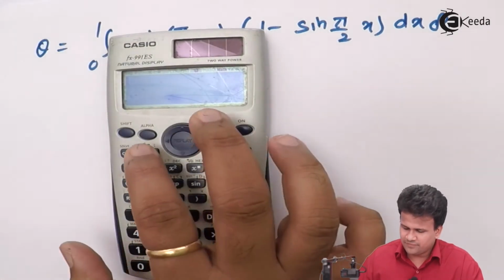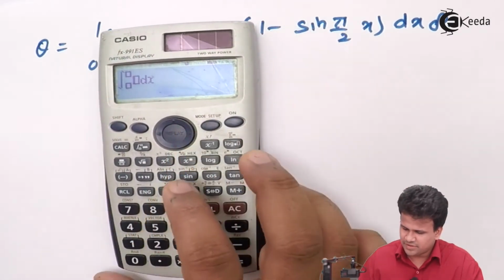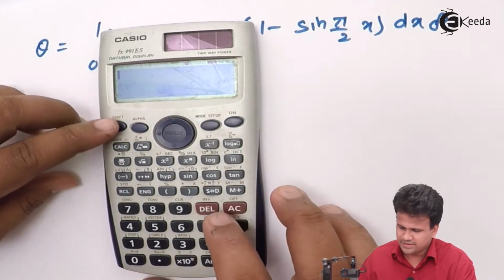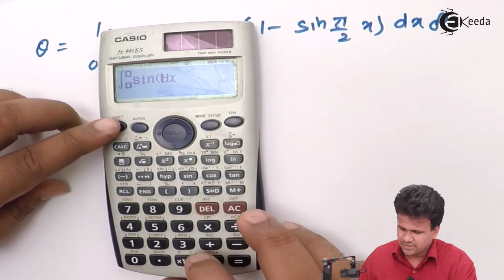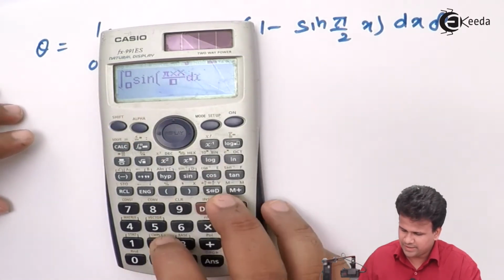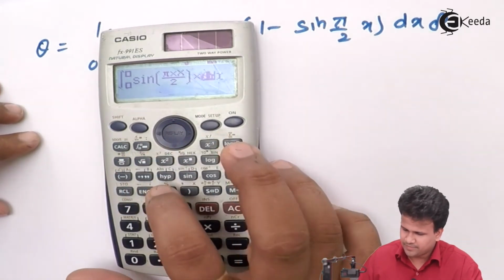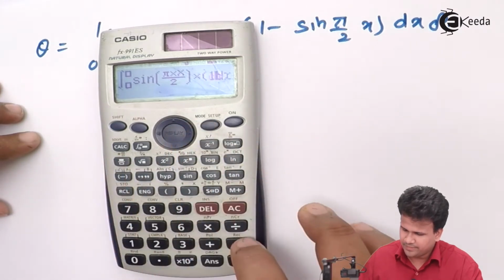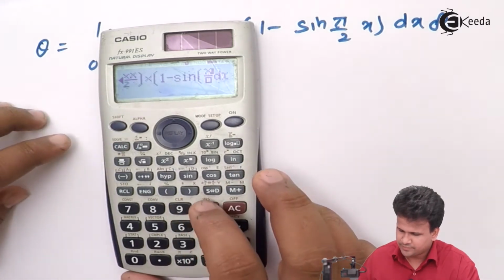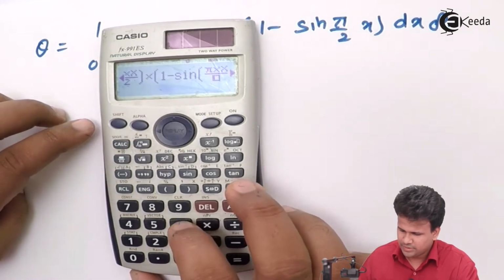In this part, we have to put an integration of the function, that is integration of sine of pi x by 2 into bracket of 1 minus sine of pi x by 2.